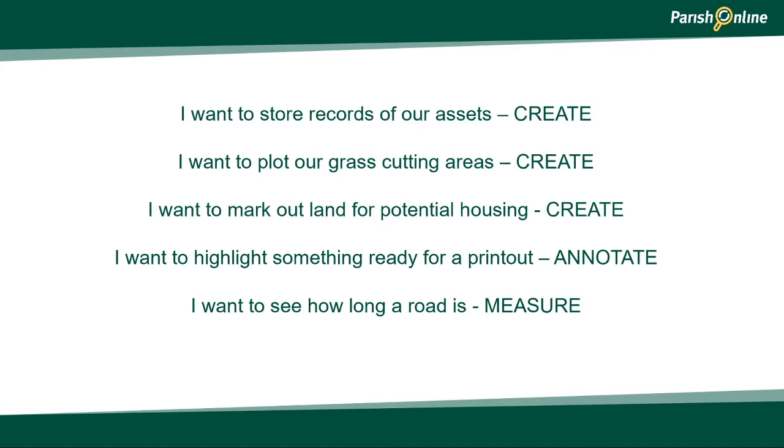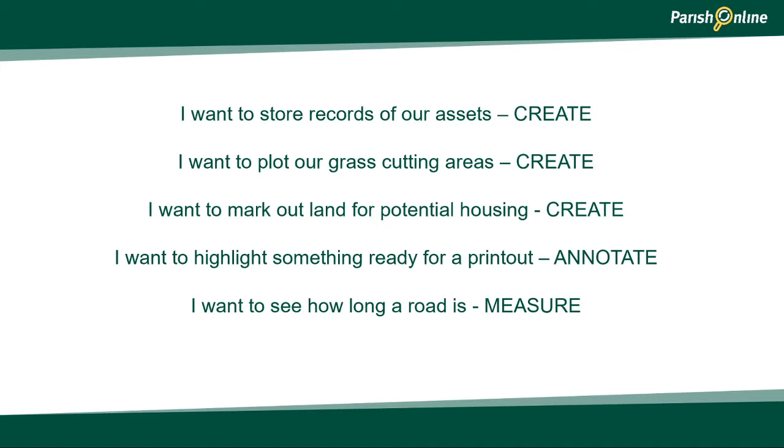If you wanted to plot the grass cutting areas, then again you're using the Create tool. And if you were marking out land as part of a neighbourhood plan for potential housing, then I would certainly create a new Parish layer, call it potential housing, and add information in using the Create tool, because then that's going to be there as a permanent record that you and your colleagues can refer back to at any point.